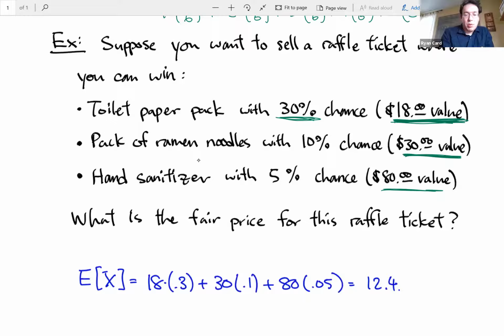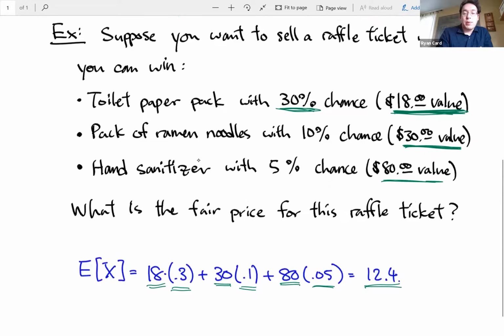So we get $18 value 30% of the time, so 18 times 0.3, $30 value 10% of the time, so times 0.1, and $80 value 5% of the time, so 0.05. Multiply each of these and add it up, and I get 12.4.